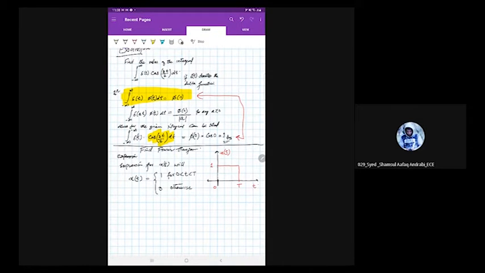So x of t is only present between 0 and T, and the amplitude is equal to 1. And we know the general form of the Fourier transform.